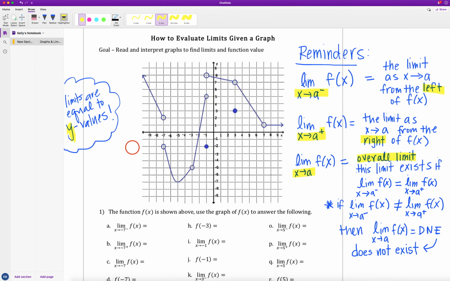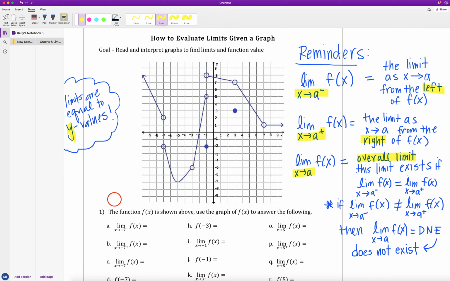So on each one of these graphs, as we're finding limit values or even function notation values, like example h here, which says f of a number, this is an example of a function value, not a limit. But regardless of which one we're looking at, for each one of those, we're looking for a y value off of this graph that would make this mathematical sentence true.